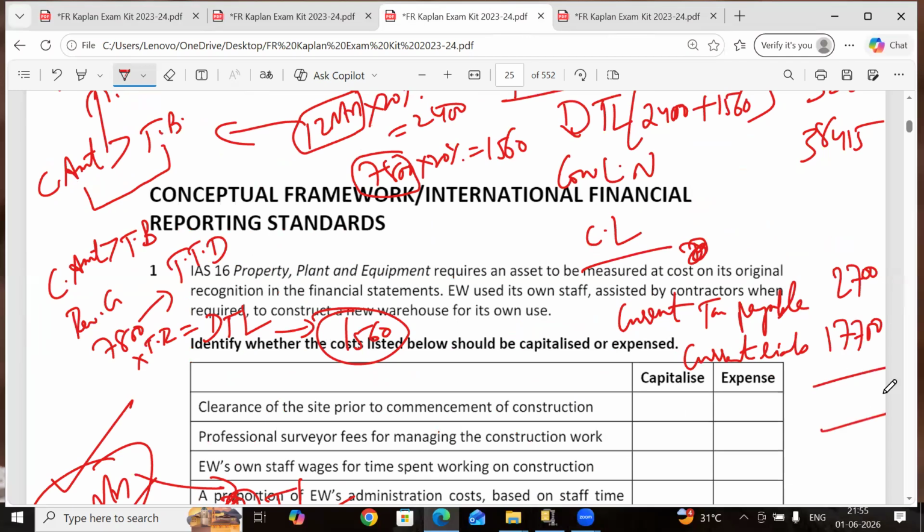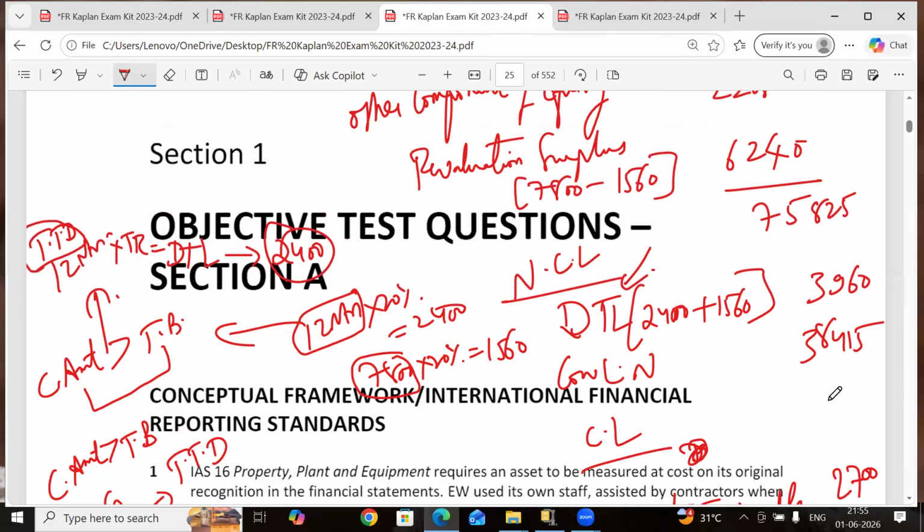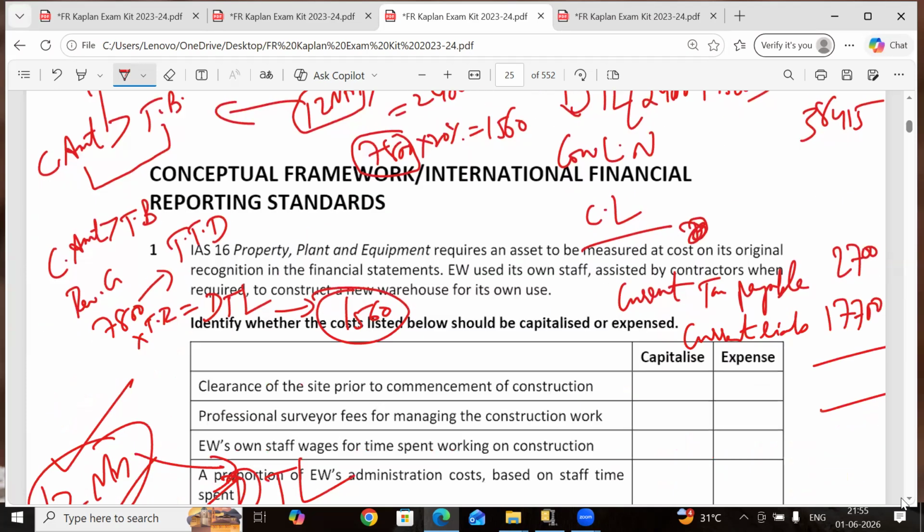So we will add all of them and see whether they match. 75,825 plus 3,960 plus 38,415 plus 2,700 plus 17,700 is 1,38,600.